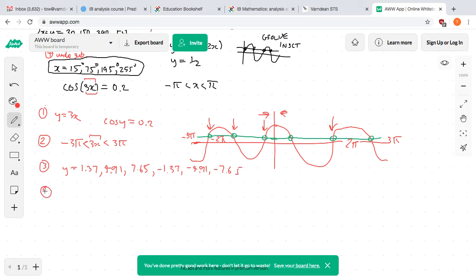And then the final step, undo substitution. y is 3x, so to get x we'd have to divide all those answers by 3.